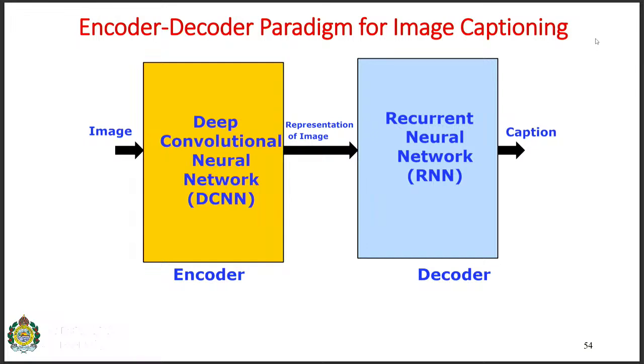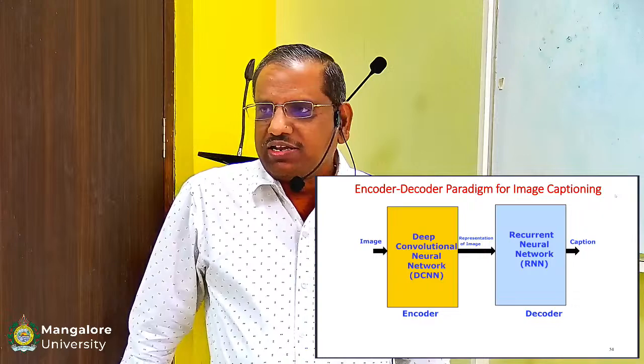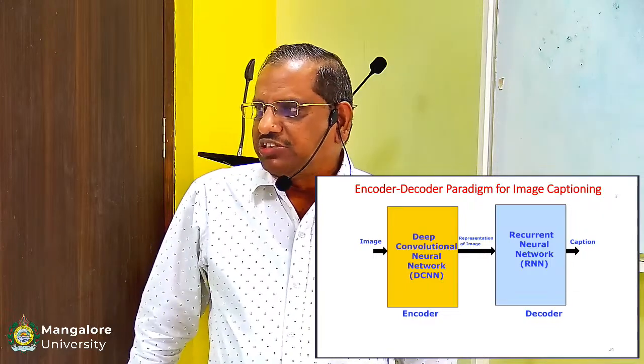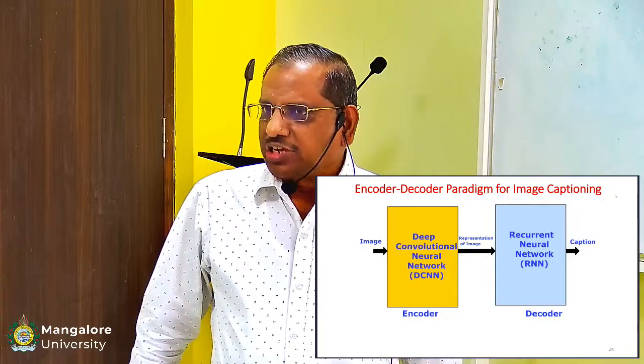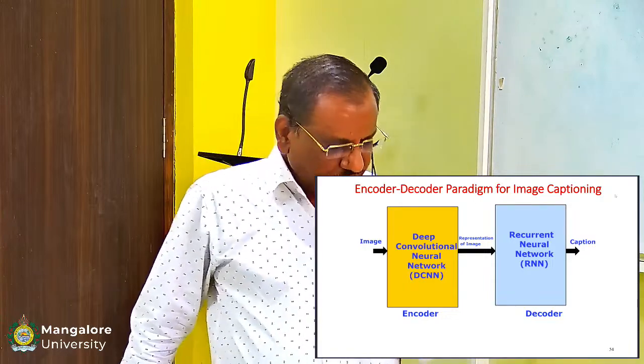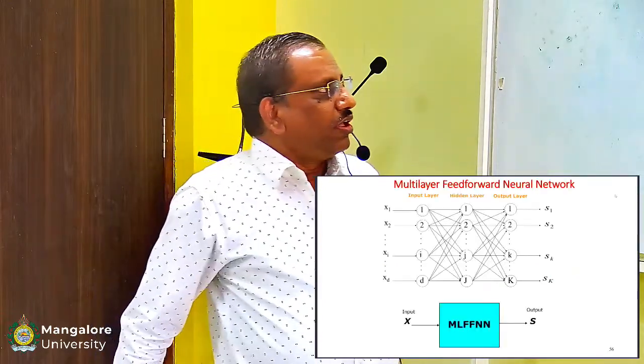So basically the encoder gives a feature vector representation of the image, and the recurrent neural network based decoder will take this representation as the input and then generate a sentence that describes the content of the image. So we'll quickly see what these recurrent neural networks are.